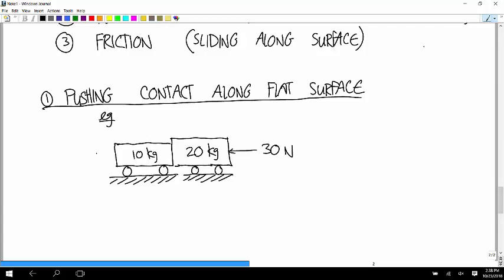We're not making a distinction between these two points of contact or these two points of contact. We're just thinking of this as the ground is pushing against the wheels, and the wheels are pushing down against the ground. So there are three spots where this pushing is occurring. Here, here, and here.